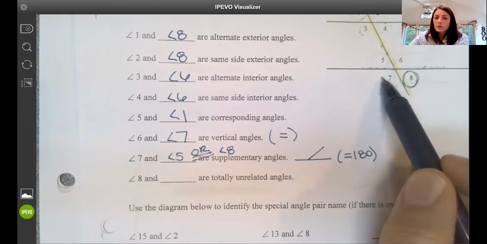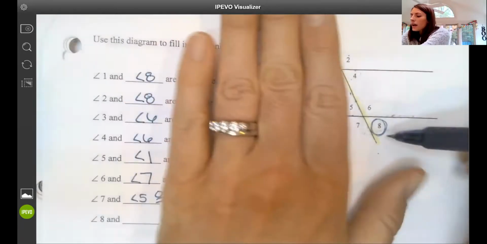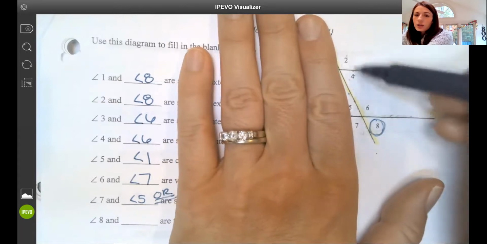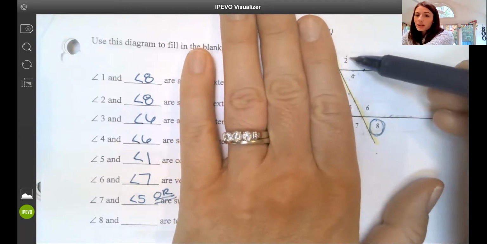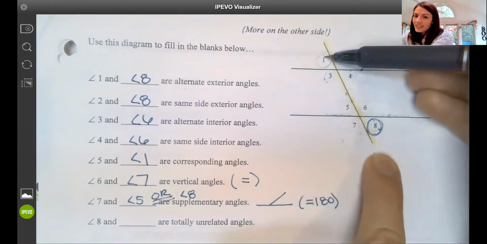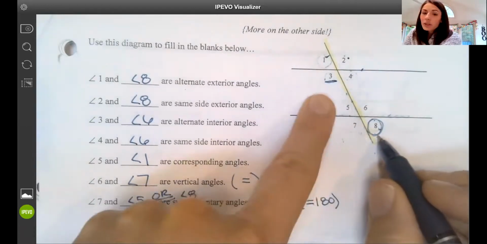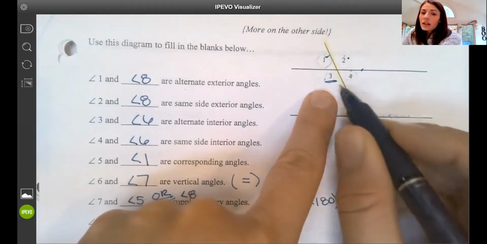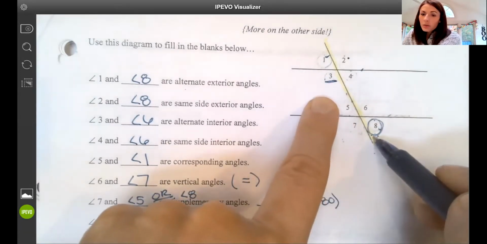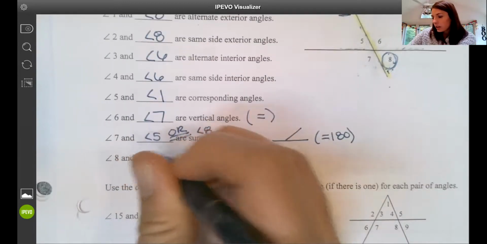They both create lines. 8 and 5 are vertical, okay? 8 and 4 would be corresponding. 8 and 2 would be same side exterior. 8 and 1 would be alternate exterior. 8 and 3 are unrelated because 8 and 3 are alternate, one in, one out. We don't have an angle relationship for that. Okay, so 8 and 3 are totally unrelated.